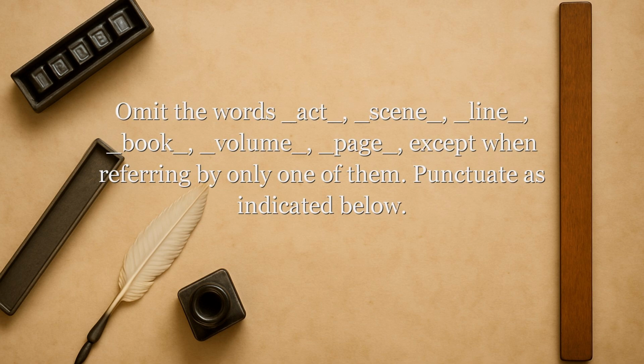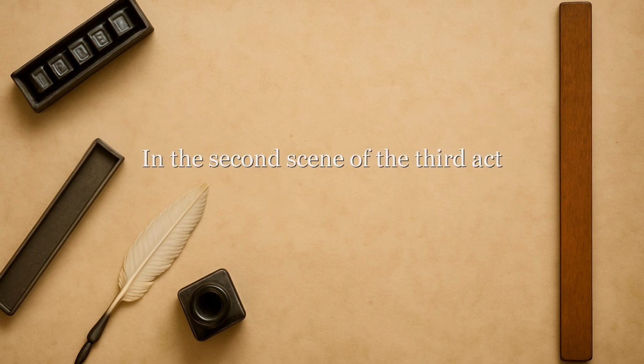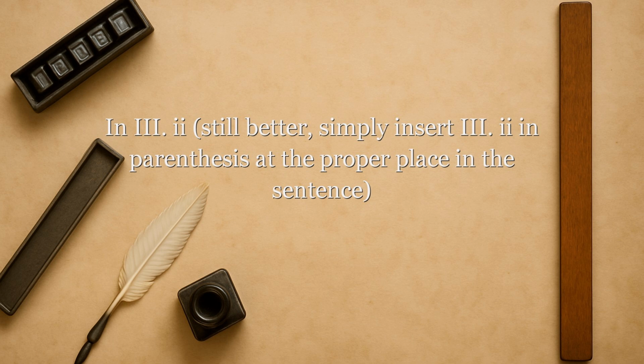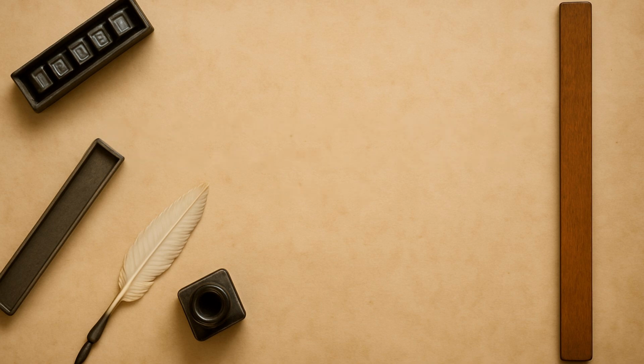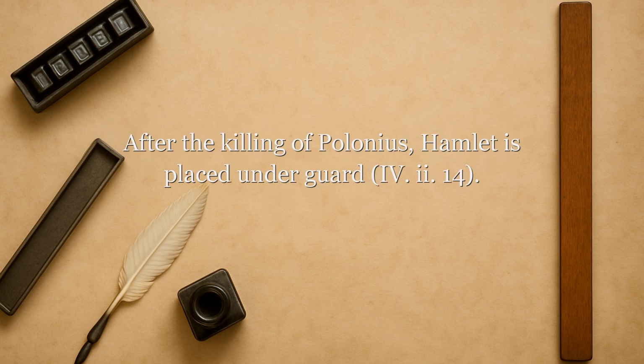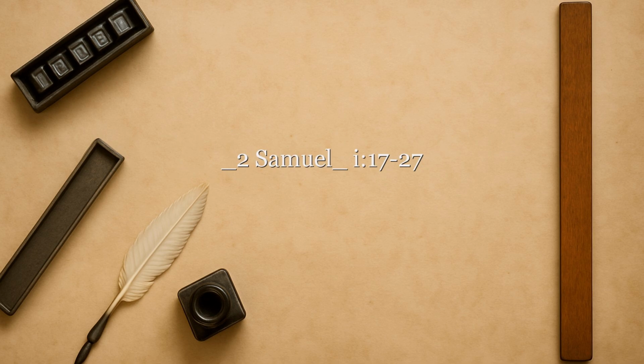Omit the words act, scene, line, book, volume, page, except when referring by only one of them. In the second scene of the third act, in II, ii, still better, simply insert II, ii in parentheses at the proper place in the sentence. After the killing of Polonius, Hamlet is placed under guard.